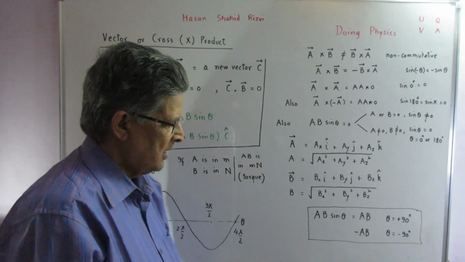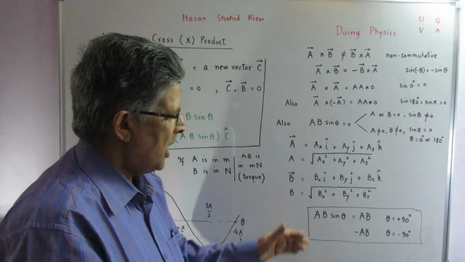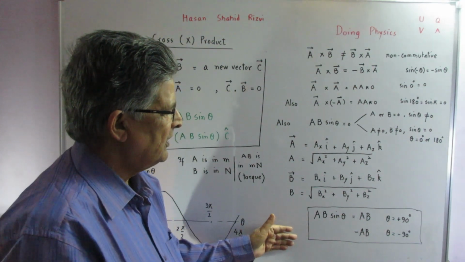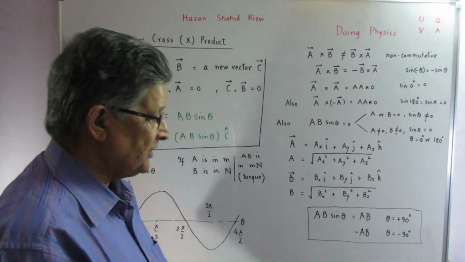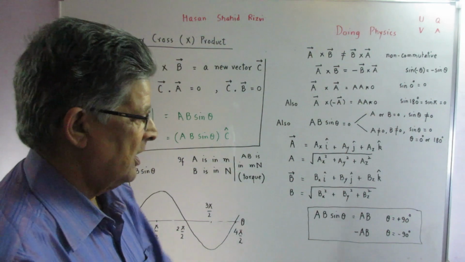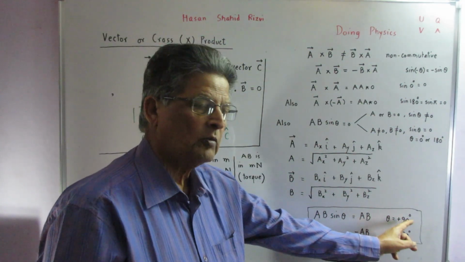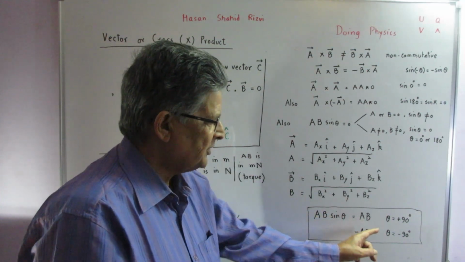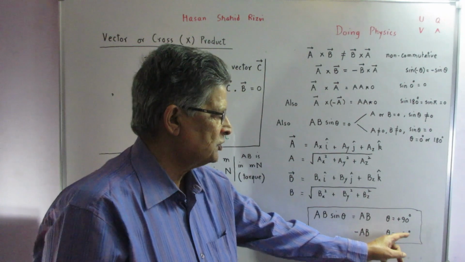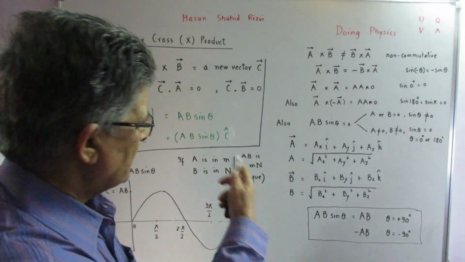Now, I would like to give you the optimum value of this AB sine theta. AB sine theta is equal to AB when theta is equal to plus 90 degrees, where sine of theta is equal to 1. And AB sine theta is equal to minus AB when theta is equal to minus 90 degrees, so that sine of minus 90 degrees is equal to minus 1.